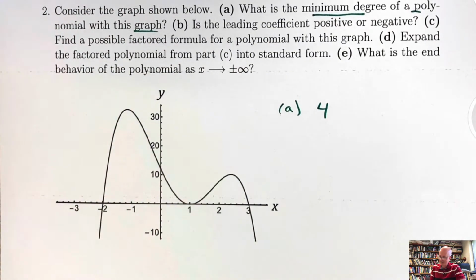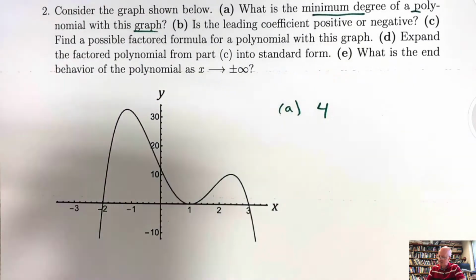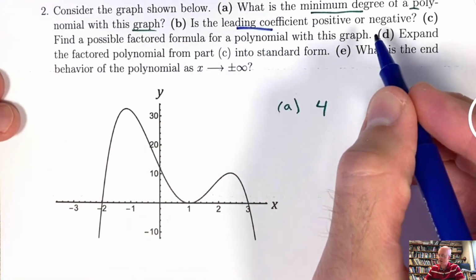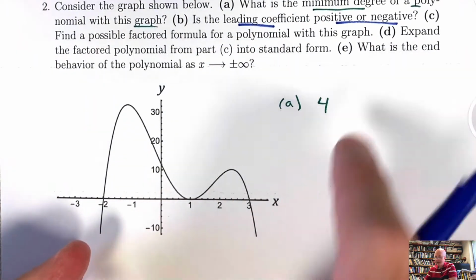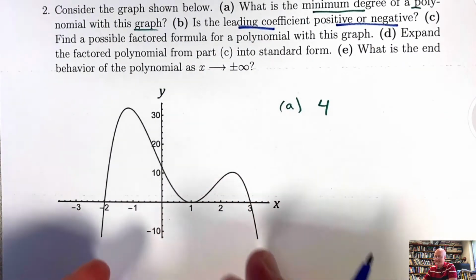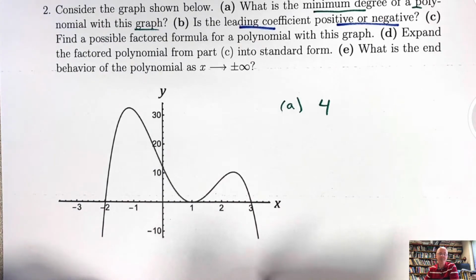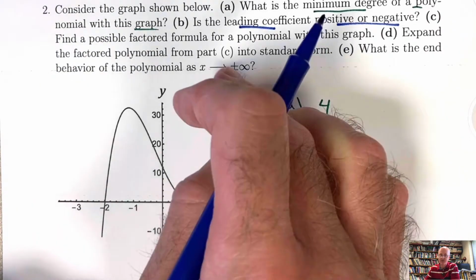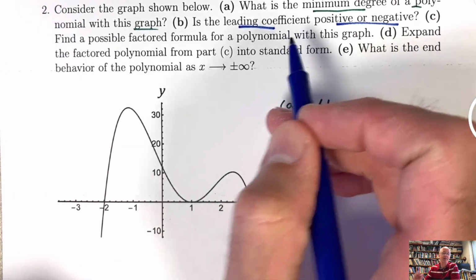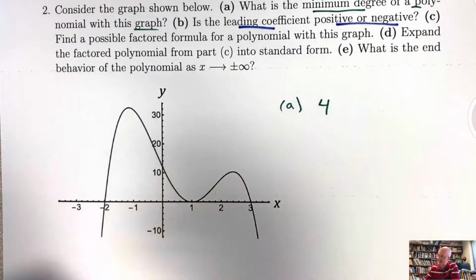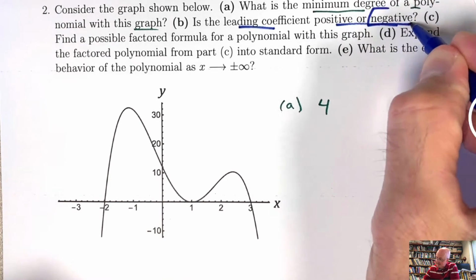Part B, is the leading coefficient of the polynomial positive or negative? The fact that ultimately for part E, the end behavior of this polynomial is downwards, y goes to minus infinity as x goes to plus or minus infinity, says that the leading coefficient of the highest power of x has to be negative. So the answer here is negative.